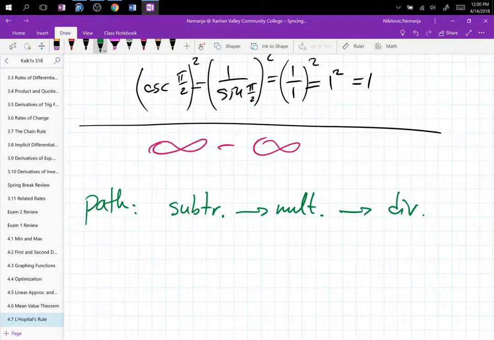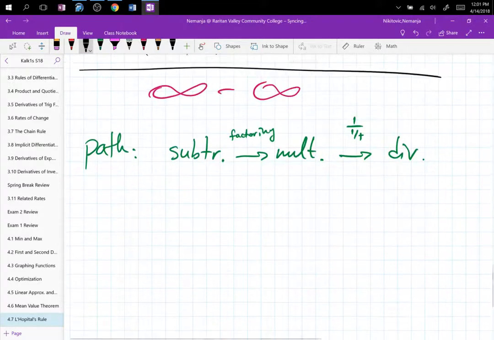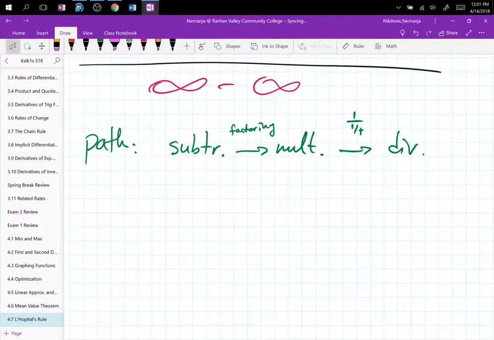Now over here we do it by factoring, and over here we do it by 1 over f. It's very convoluted, right? Let's take a look at the example. Start a new page. So it's a procedure, guys. There's no formula. It's just a procedure.